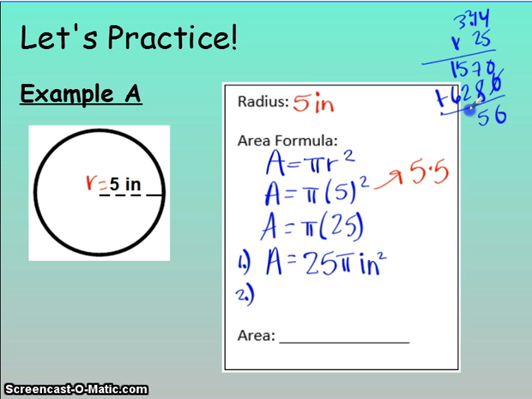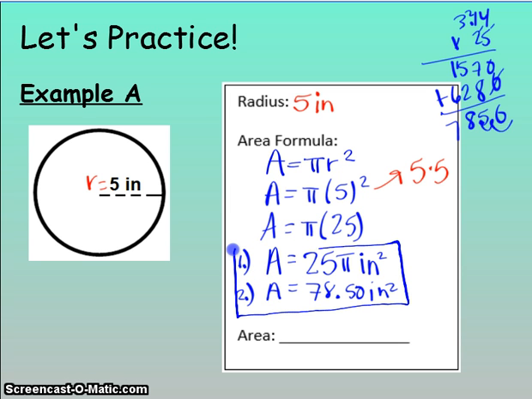Carry my 1. That is 8 and 7. Okay, I got 2 numbers behind the decimal, so I'm going to move it twice. All right, your second answer, the area is 78.50 inches squared. So you should have 2 answers all day today.